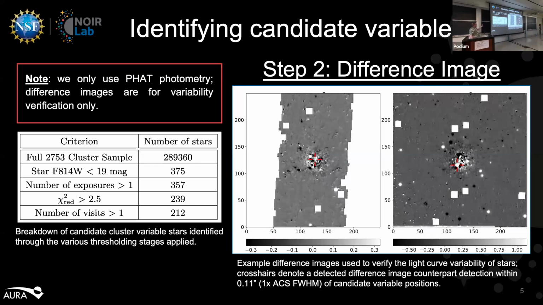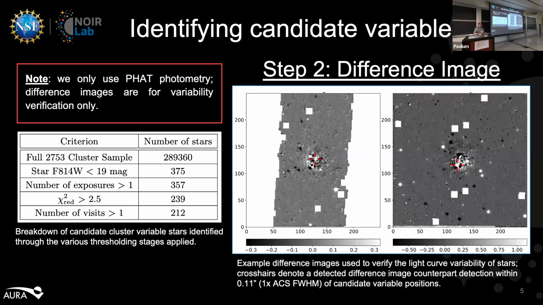We then go on to perform difference imaging using the optimal image subtraction software. The image on the right shows 2 example difference images for 2 different stars. We do this to verify any detection of variability from the light curves.